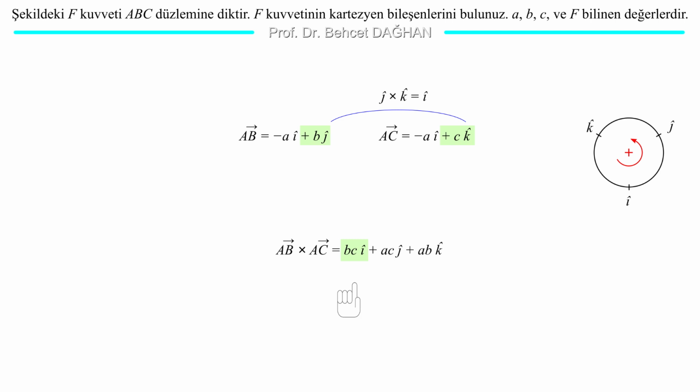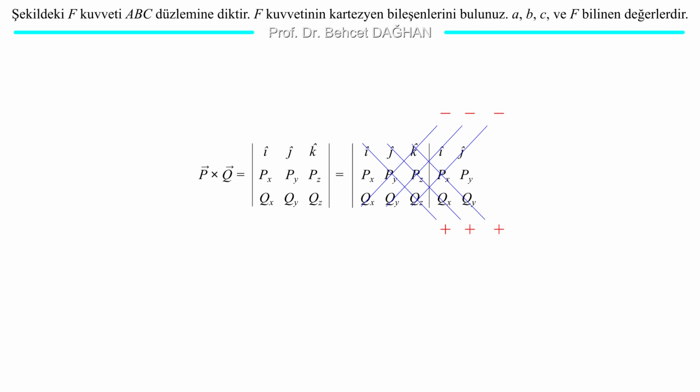Now let's do it using the determinant. When performing the cross product of any two vectors using the determinant, we write the unit vectors i, j, k in the first row. In the second row, we write the rectangular components of the first vector, p.